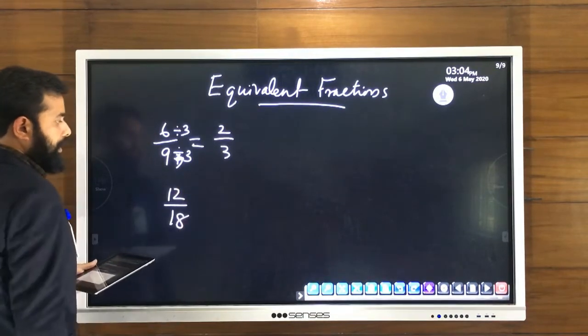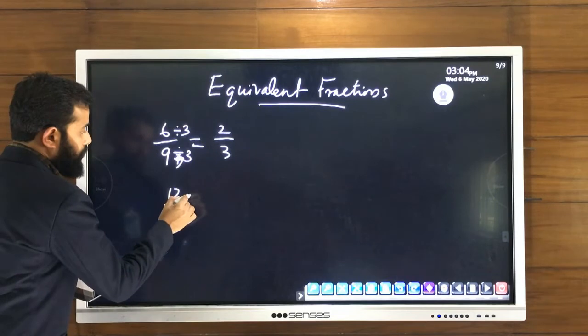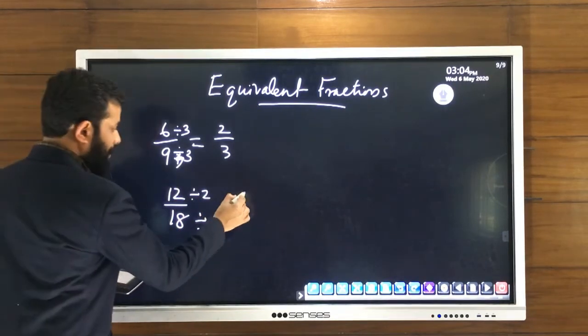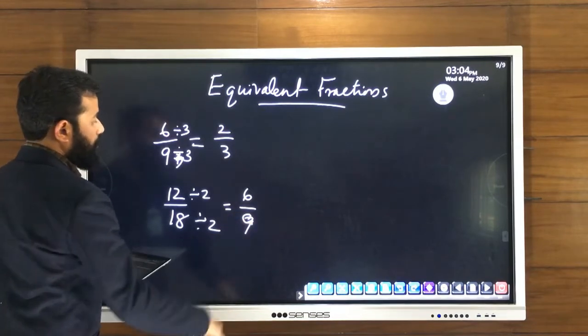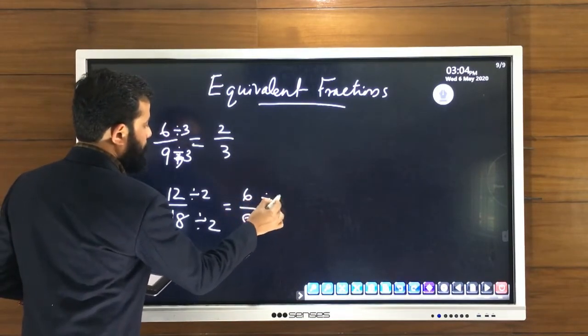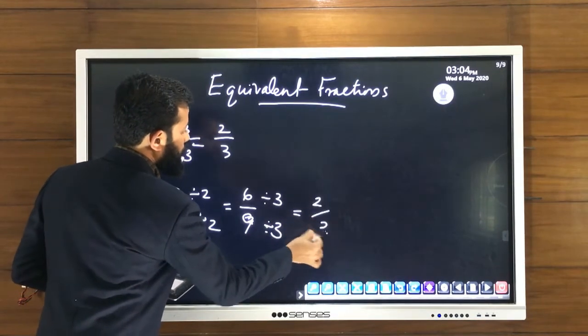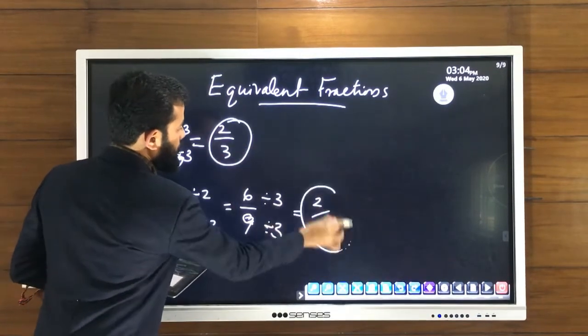To find the standard form, divide by 2, which gives 6 by 9, then divide by 3, which is equal to 2 by 3.